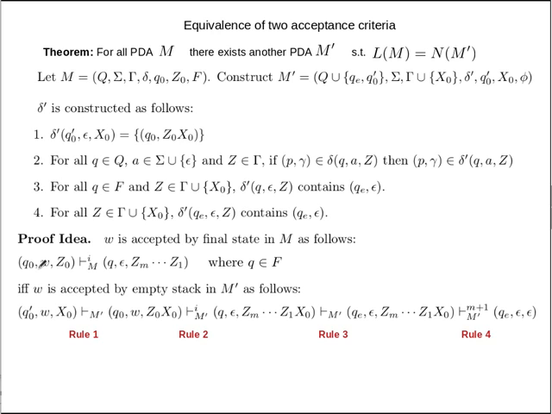So if you have some steps in M starting from here, this is the initial ID for M. The corresponding thing in M prime will be, if you provide the same input, it starts from here, and then using this epsilon transition, it doesn't process any input symbol, but it changes the state to q0 and changes this X0 to Z0.